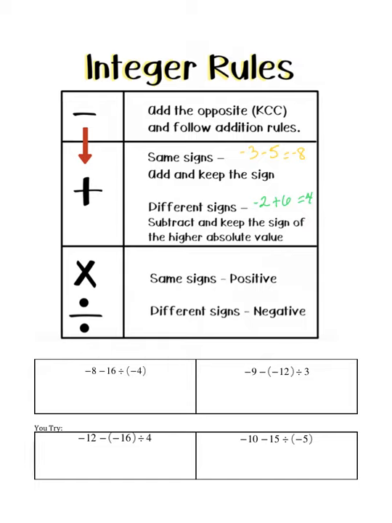Now, this one's my favorite. Multiplying and dividing. Same signs are always positive. Negative times negative equals positive. Positive times positive equals positive. Different signs, or mixed signs, negative, whether you're multiplying or dividing. So a positive number divided by a negative number equals a negative number.